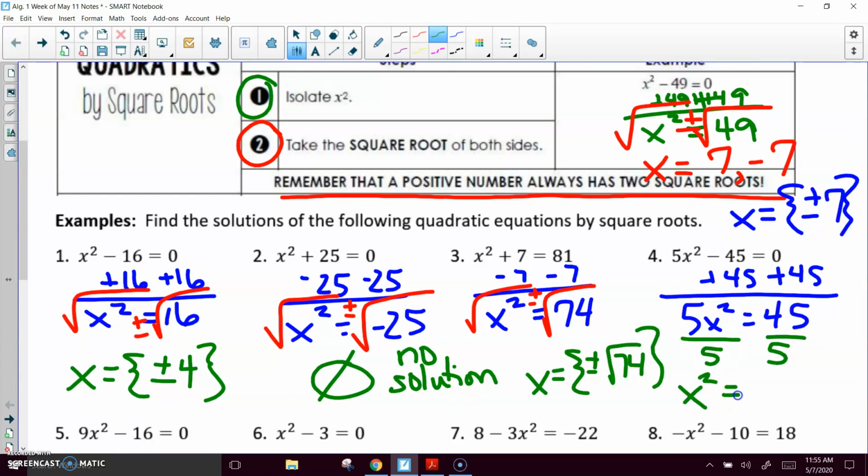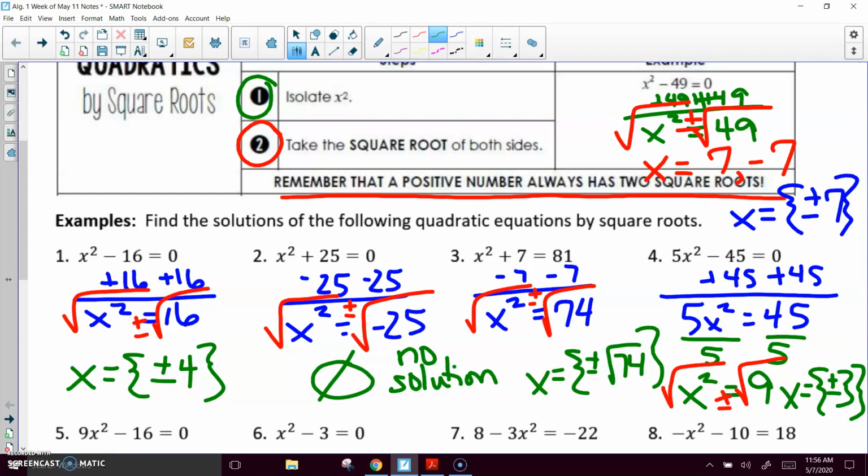So x squared is equal to 9. Now that I've isolated the x squared, I can take the square root of both sides. Don't forget the plus or minus. The square root of 9 is 3 and negative 3. So my solutions are plus or minus 3.